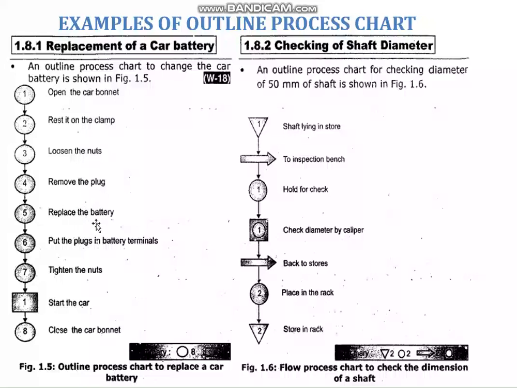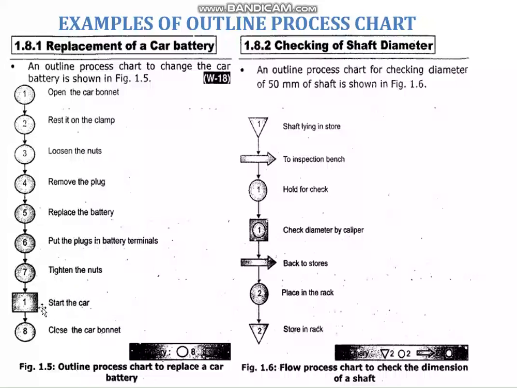You have to replace the battery, which means you take out the old battery and put the new battery there, and you put the plugs in the battery terminals again with the spanner. You tighten the nuts, and then you close the bonnet. Start the car. Somebody should start the car and see whether the battery is working or not.